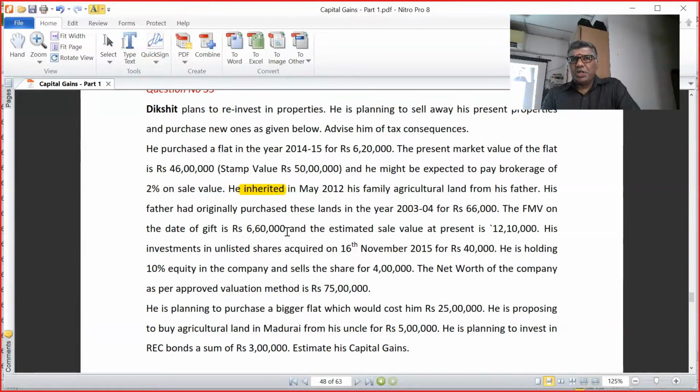So section 50CA comes into place, where in the case of unlisted shares, the full value of consideration will be actual consideration or fair market value, whichever is higher. He is planning to purchase a bigger flat which costs 25 lakhs, proposing to buy agricultural land in Madurai for 5 lakhs and REC bonds for 3 lakhs.